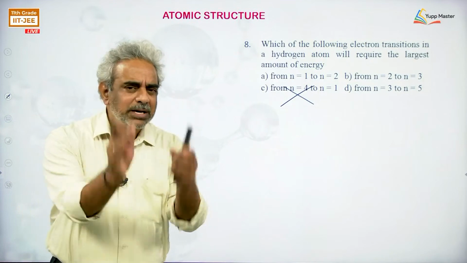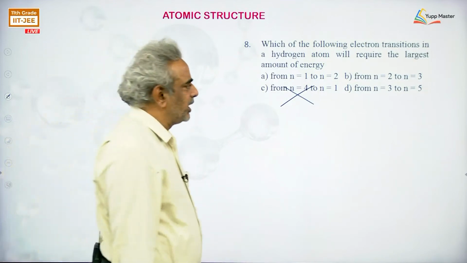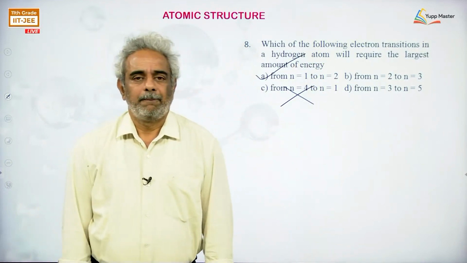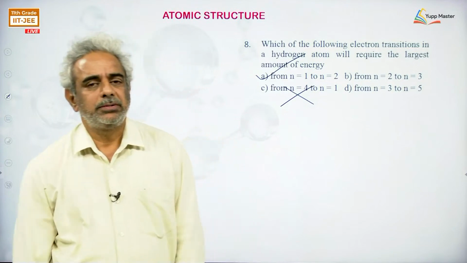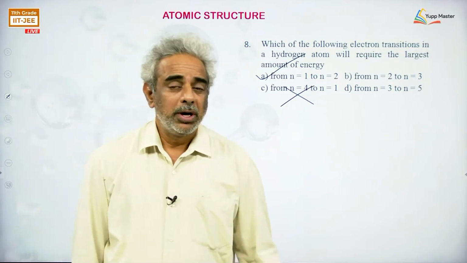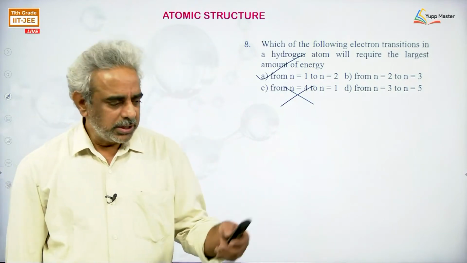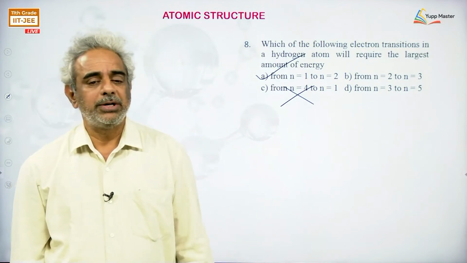I have been telling from the beginning, 1 to 2 is a big energy gap. Any transition closest to the nucleus, check the lower state always. If the lower state is very close to the nucleus, the transition will have more energy.